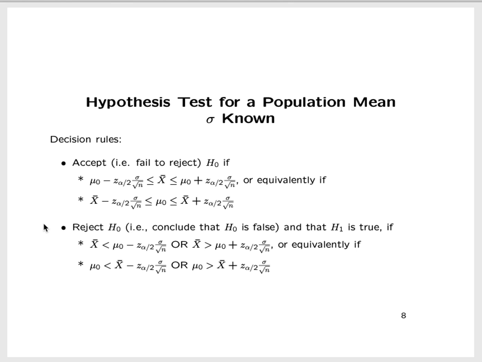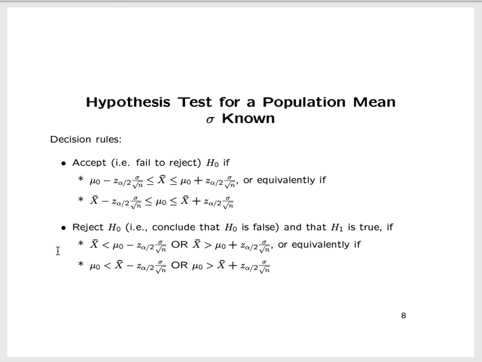And similarly, we would reject the null hypothesis, in other words, conclude that the null hypothesis is false and therefore that the alternative is true, if we observe a value of x bar either less than mu sub 0 minus z sub alpha over 2 times the standard error of x bar, or greater than mu sub 0 plus z sub alpha over 2 times the standard error of x bar.